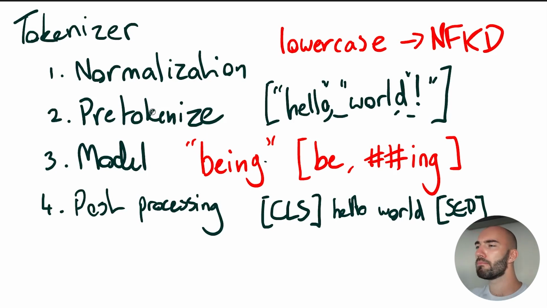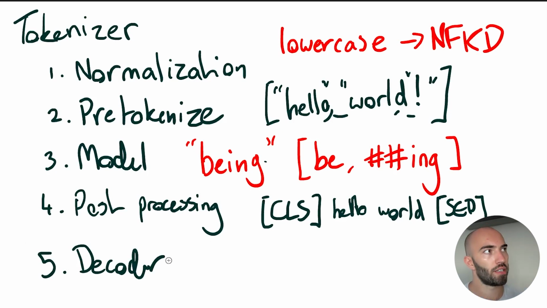So those are the main components of a tokenizer, but there is also another which we will almost always add, which is a decoder. When your model outputs, let's say, a word prediction, you've masked the word, let's say here we've covered hello, and we said, BERT, what is that word?